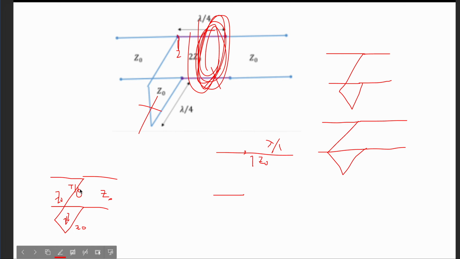Now can you calculate what will be the input impedance if you have a lambda by 8 length transmission line which has load impedance of 0 and characteristic impedance of Z0?